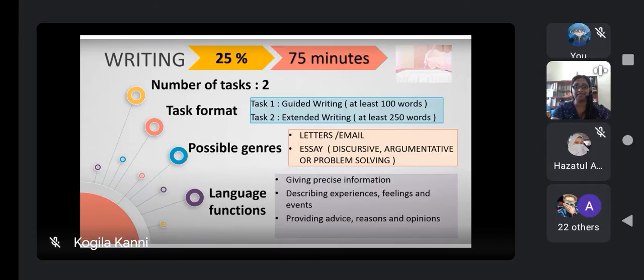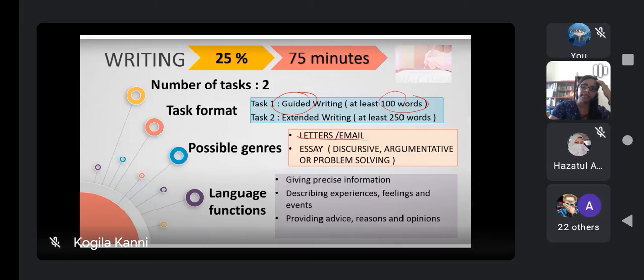Do not miss that. That's why it's called guided writing. All the words they have given you, you must use in the writing. It can be email or formal letters, or informal letters also.